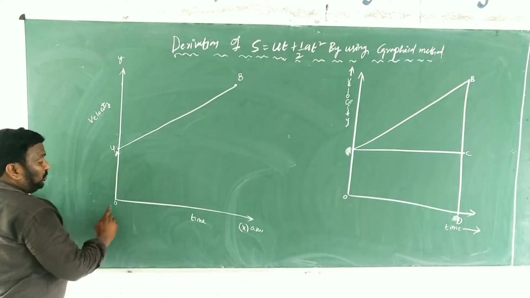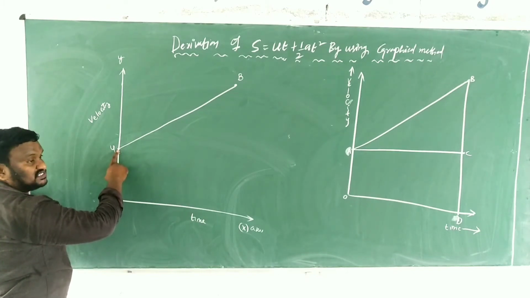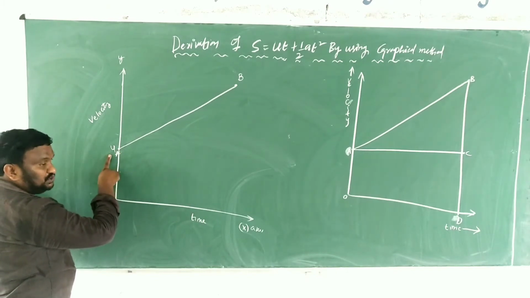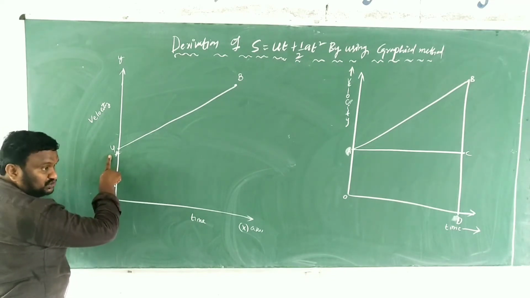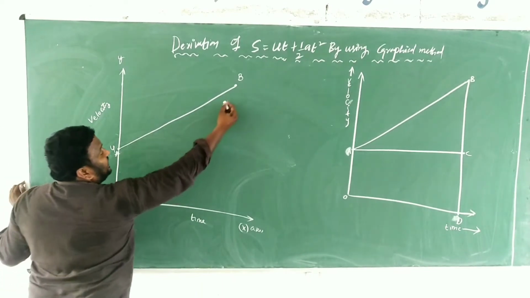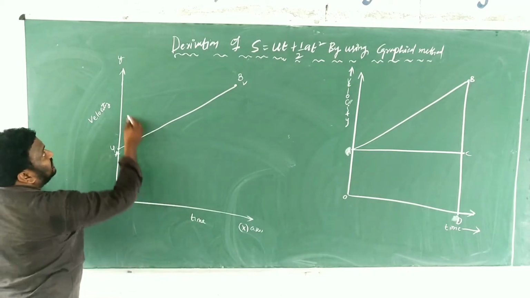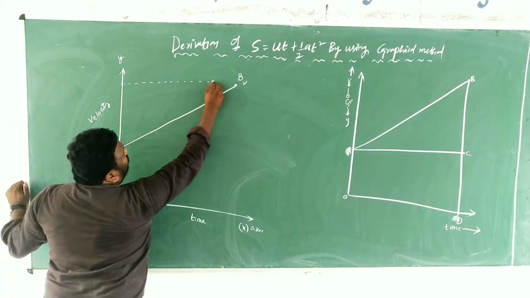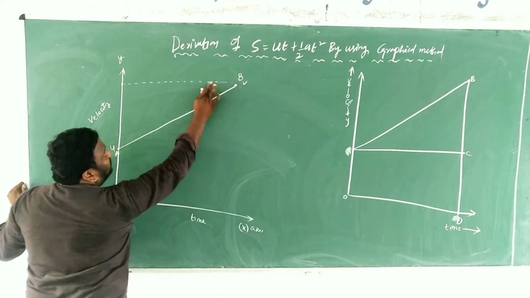What I told you: at the starting point, it has some velocity, which is taken as u. When its velocity is u, it starts its motion. After some time t, its velocity becomes v. That means here on the vertical axis, the final value is v.